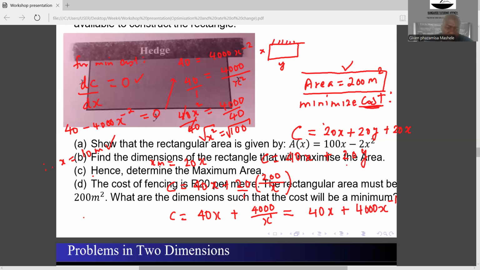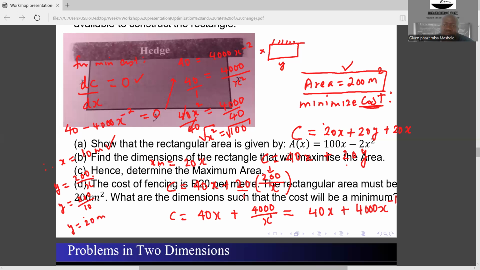Remember, we expressed y in terms of x by saying y equals 200 divided by x. So where there is x, we put 10. Obviously, y should be 20 meters.